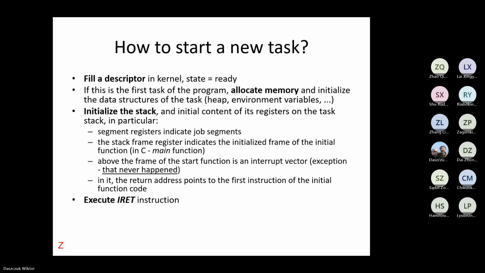Every jump from the kernel to a program is done by IRET. So on this stack, we build the initial frame of the program, of the main function. We put zeros on the stack like the context of registers, and we perform IRET to this program. And after IRET, the program just runs.